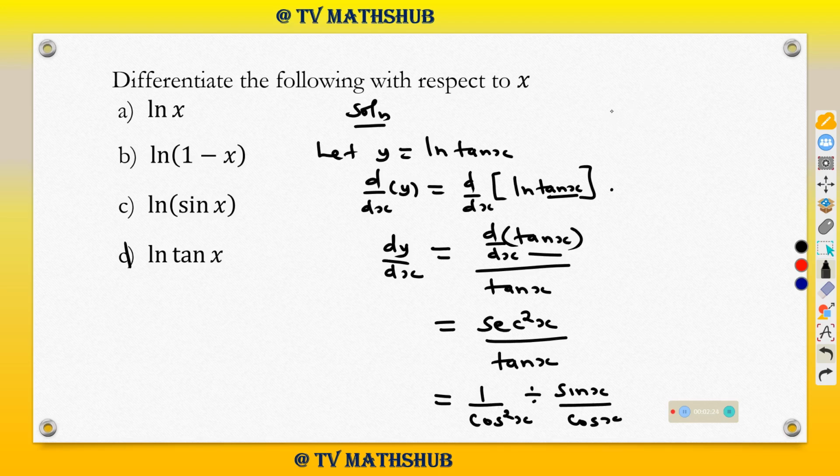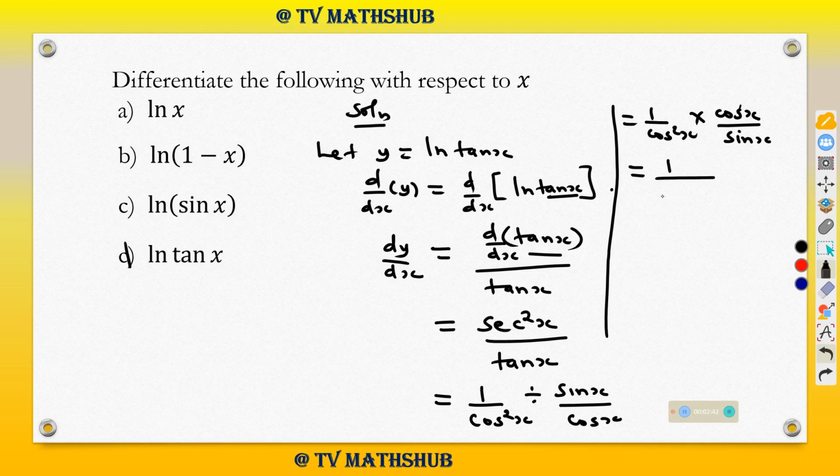So we can try to simplify this further, and it will give us 1 upon cos squared of x times the reciprocal cos of x divided by sine of x. So from there, 1 cos will cancel out, which shall remain with 1 upon cos of x times sine of x. But still, we cannot leave it here.